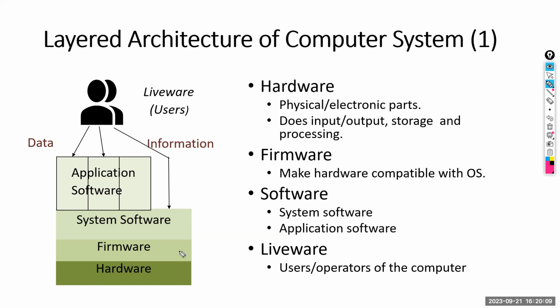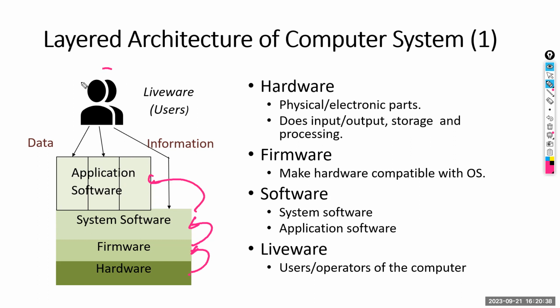We can understand the computer as 4 layers, or if you include the users, 5 layers. The hardware layer. On top of the hardware layer, you have the firmware layer. On top of the firmware layer, we have the software layer. Of course, this software layer we can subdivide into 2 sublayers: the system software sublayer and the application software sublayer.